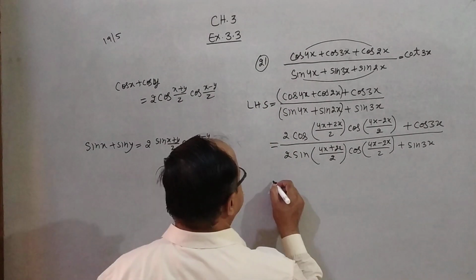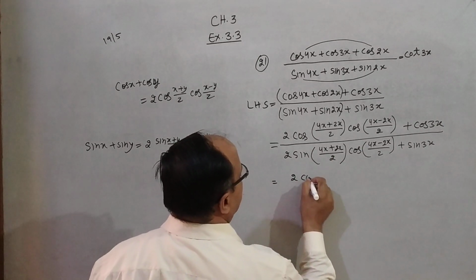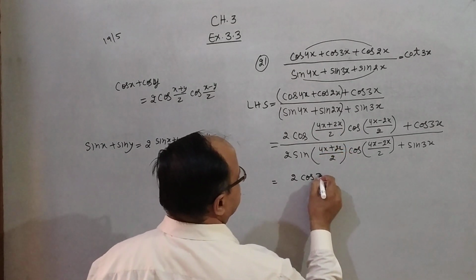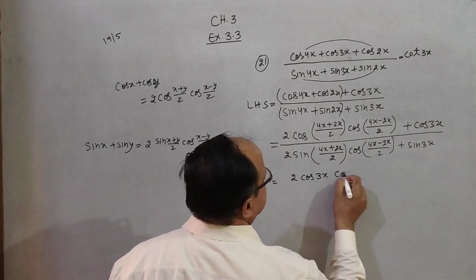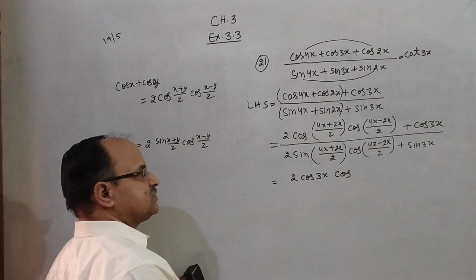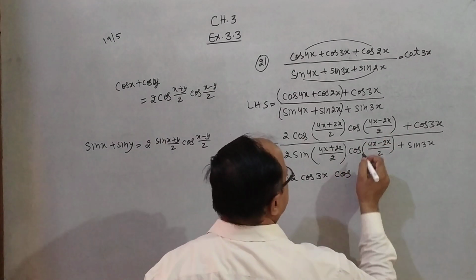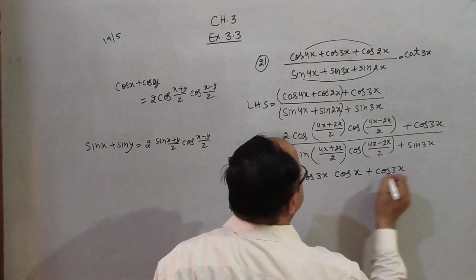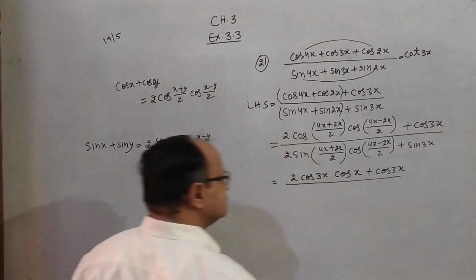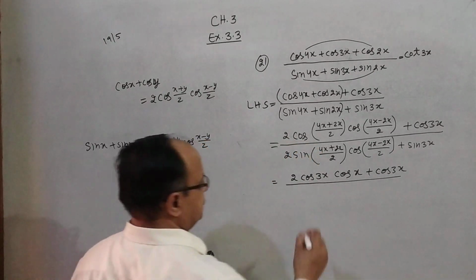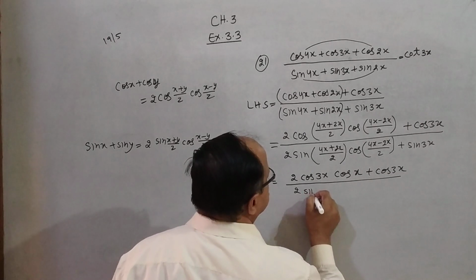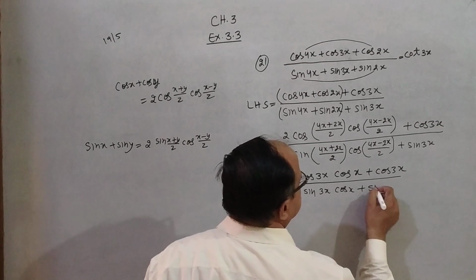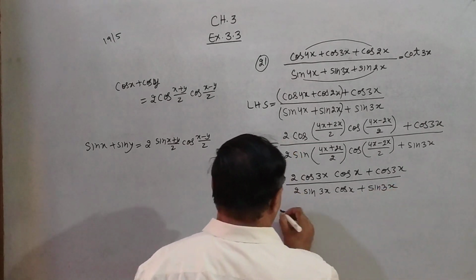Now simplify. 2 cos, 4x plus 2x, 6x, 6x by 2, 3x, correct? And here 4x minus 2x, 2x, 2x by 2, that is x, plus cos 3x. Similarly in the denominator, 2 sin 3x and cos x plus sin 3x.